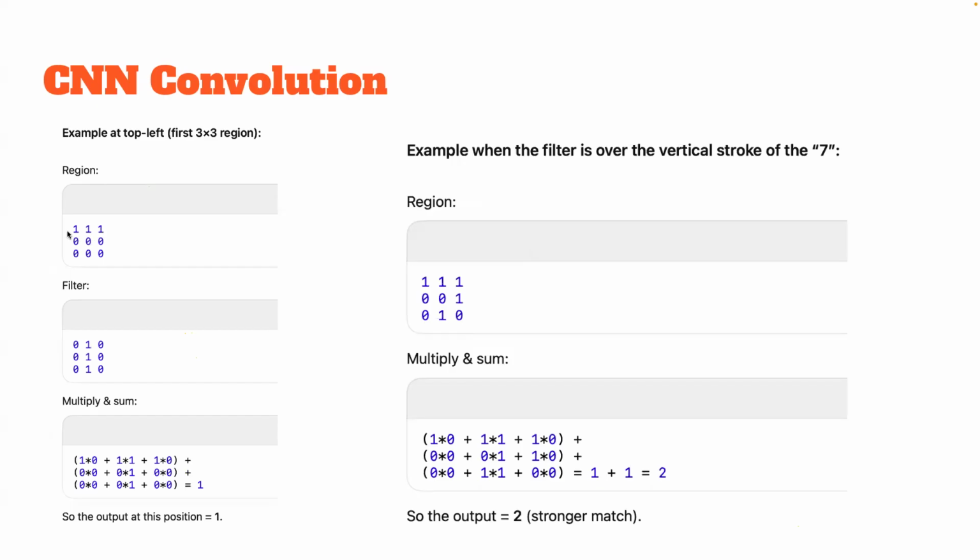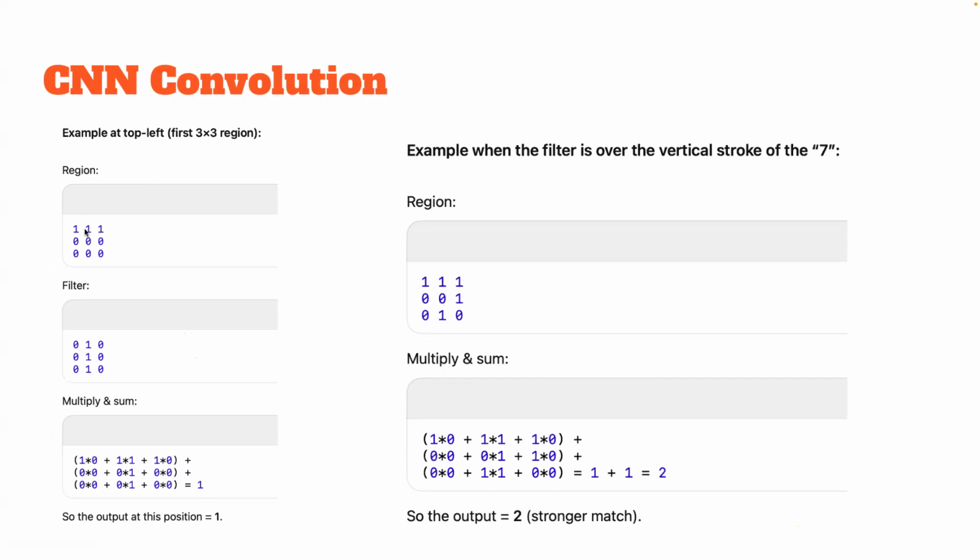Let's say the top part of the image, the first 3 by 3 image, is like this. You apply this little filter, multiply, and add them together. The result is one, because there's only one spot here that can match your filter.